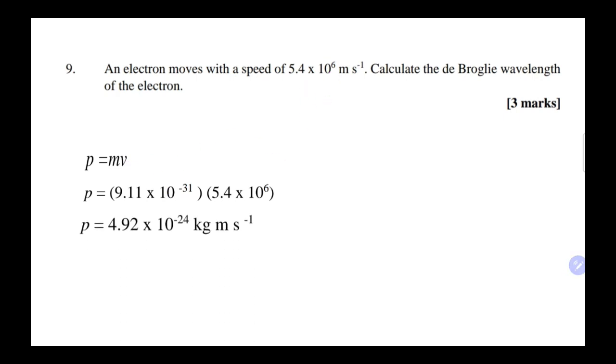Then, using the de Broglie relationship, lambda = h over p, we substitute the value of p calculated just now, where h is just a constant, so that you will get the wavelength. Remember, h is the Planck constant, which is 6.63 × 10^-34. Using our calculator, you will get the answer, which is 1.35 × 10^-10.